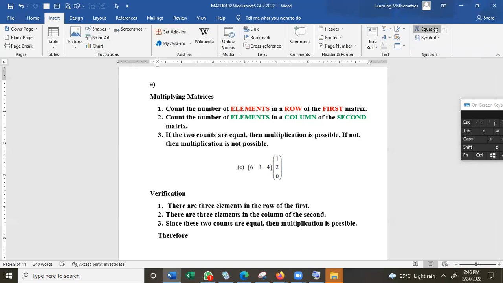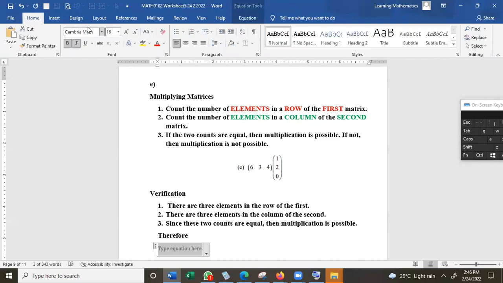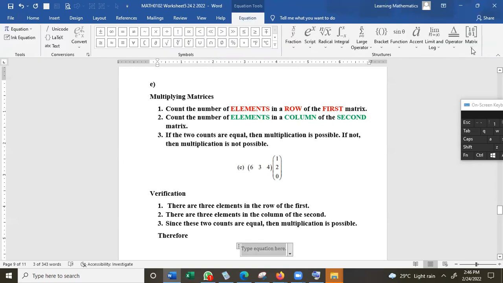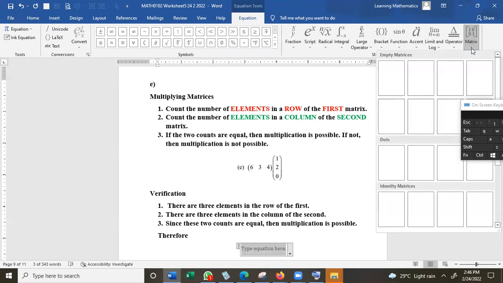So when we come here, we write the matrices. We want a row matrix, so we look at the matrices and get a row.